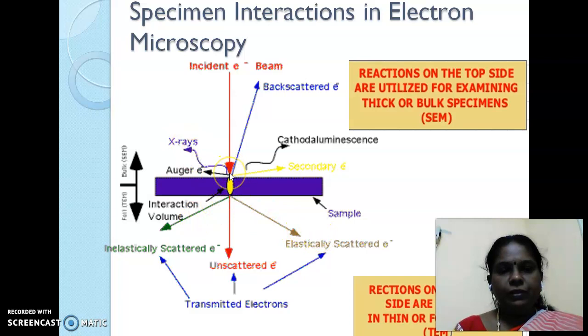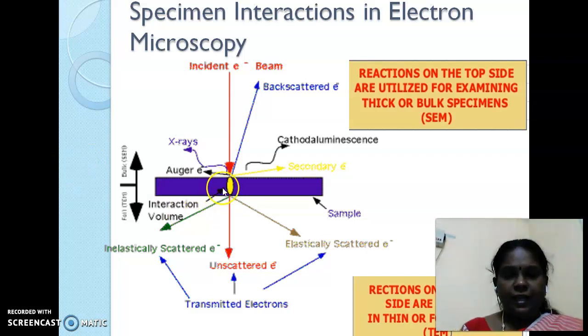As the incident electron hits the specimen, it can be backscattered 180 degrees, and this is known as a backscattered electron. And as the incident electron hits an atom in the specimen, that is an electron in the lower shell, mostly the K shell electron, this K shell electron gets ionized and comes out of it. Therefore, we can get the secondary electron.